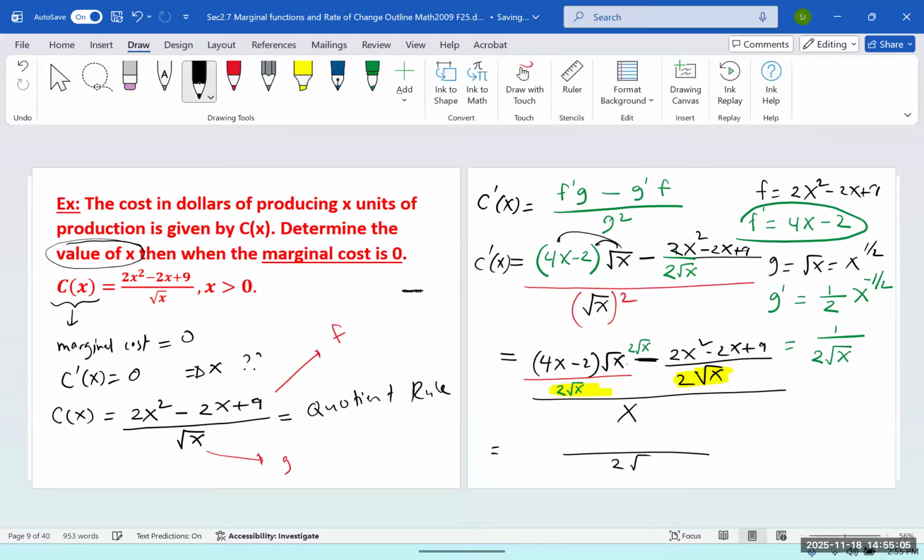So we get (4x minus 2) times 2 square root of x squared. One of them is here, the other one is here, so we have the same thing squared. Minus, when you subtract the entire thing, all the signs will change. So minus 2x squared plus 2x minus 9.